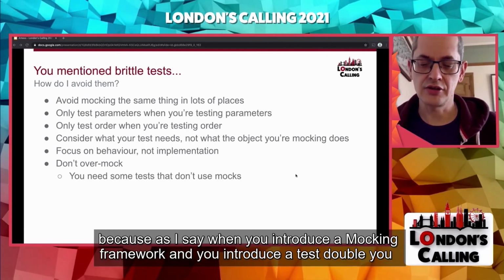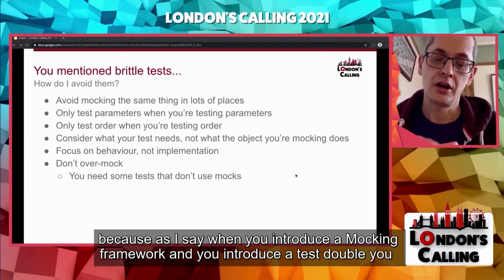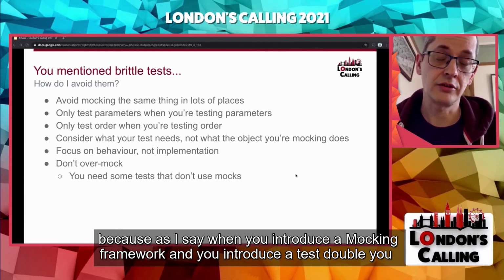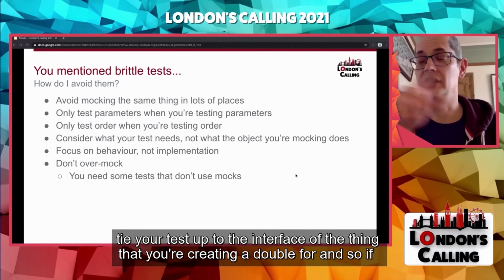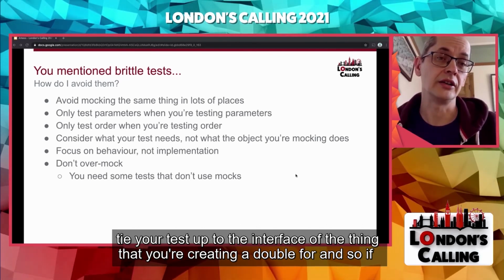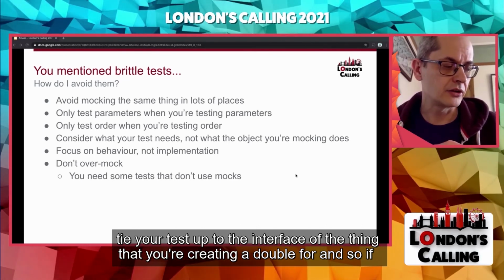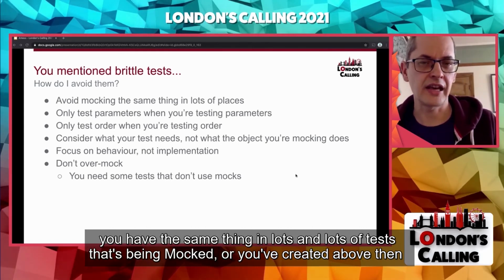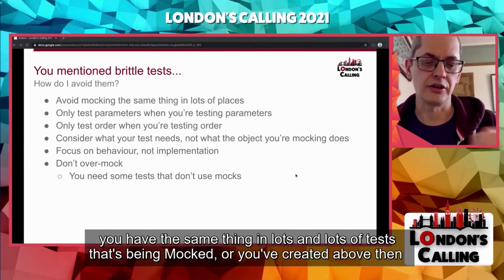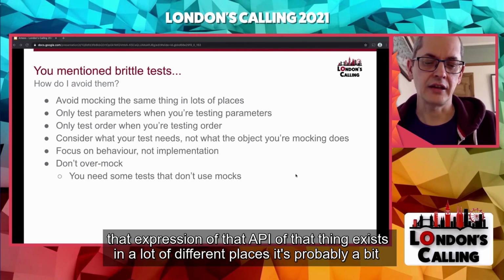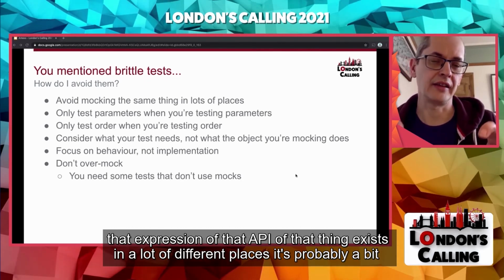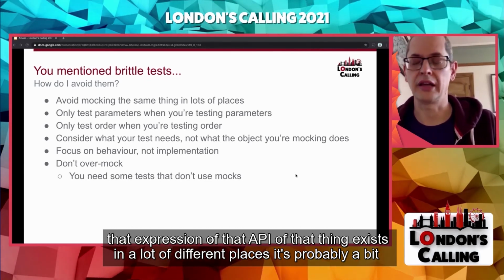Because as I say, when you introduce a mocking framework and you introduce a test double, you tie your test up to the interface of the thing that you're creating a double for. And so if you have the same thing in lots and lots of tests that's being mocked, or you create a stub of, then that expression of that API of that thing exists in a lot of different places.